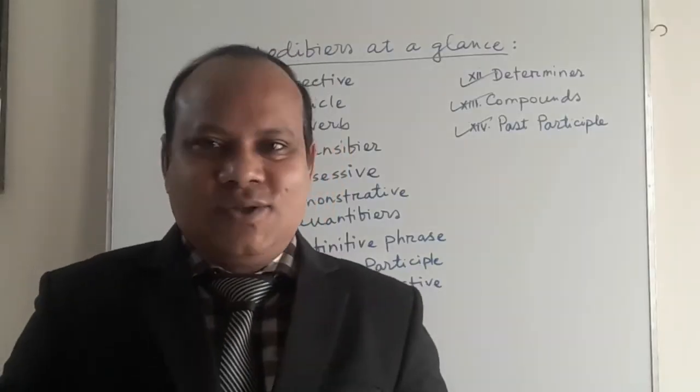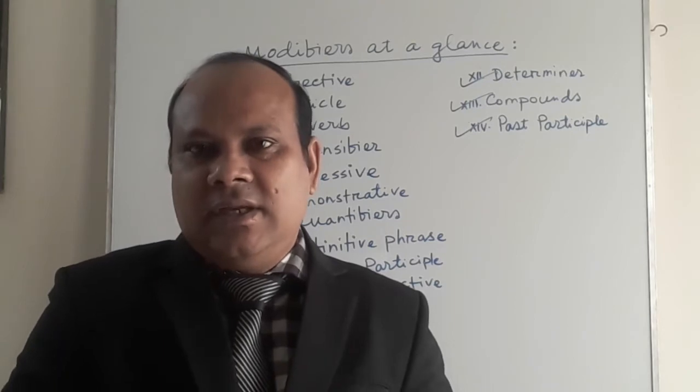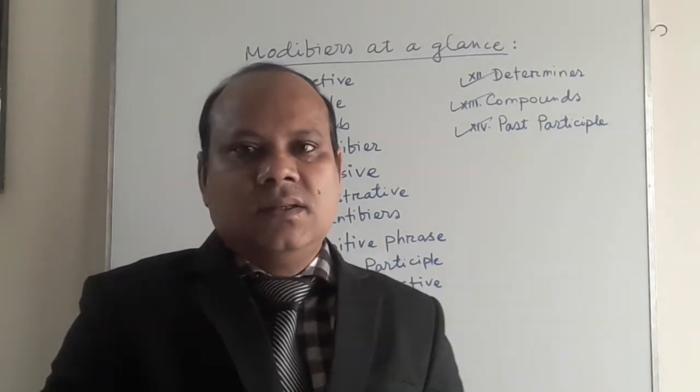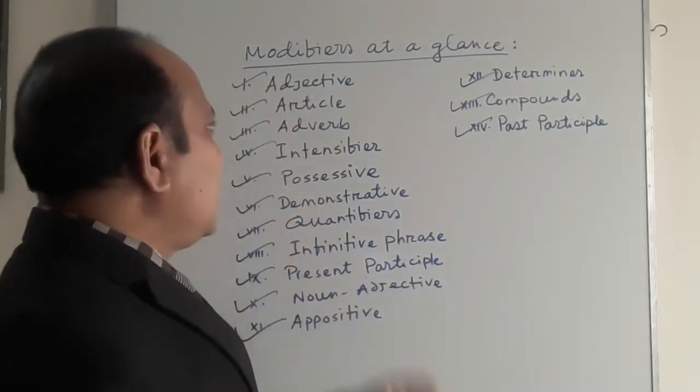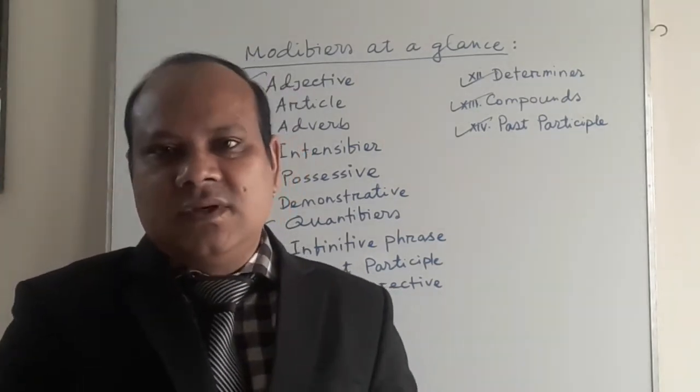Now, my dear students, we will just see at a glance what are the items that are needed to answer this question, that is modifier. It is your question number 9, marks 5. Now, I want to recap my whole lecture in a nutshell, and we want to see modifiers at a glance, that is after the noun and before the noun.